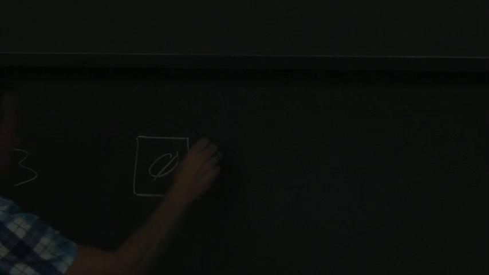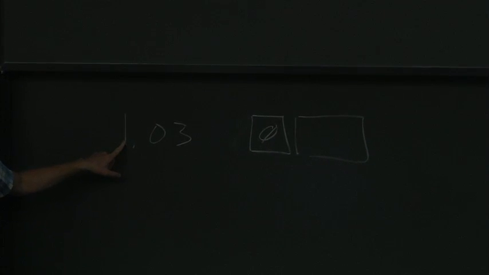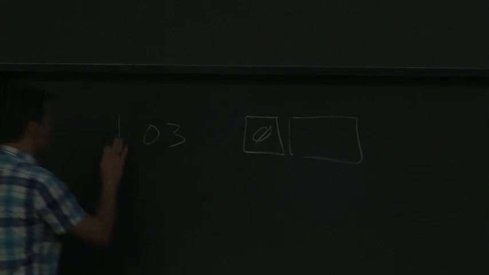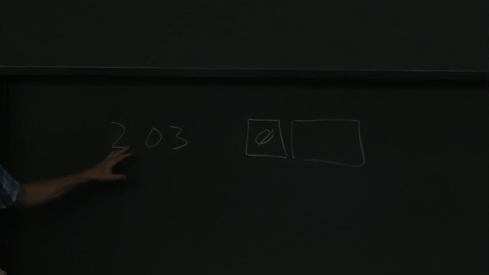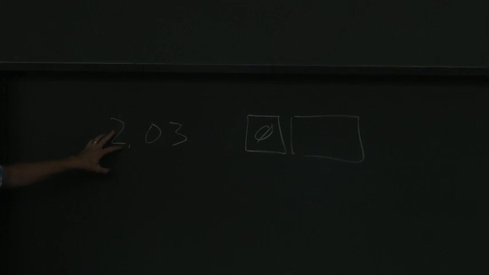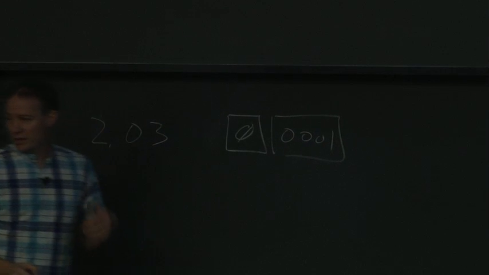So the sign bit, 0, okay? And then the mantissa. Basically, since it's binary, but I'm less than 2. So the mantissa, let's do actually 2.03. The exponent here would be 0.0001, right?